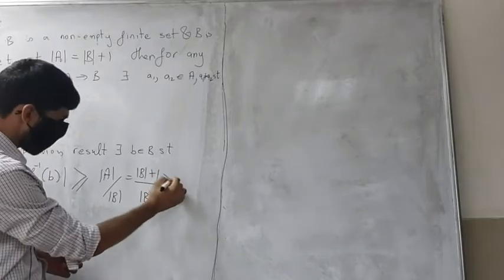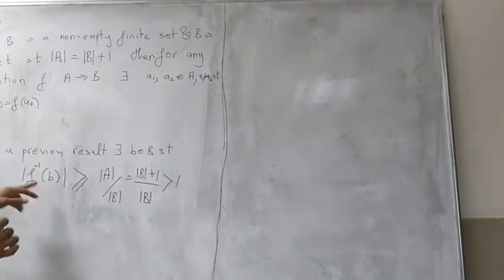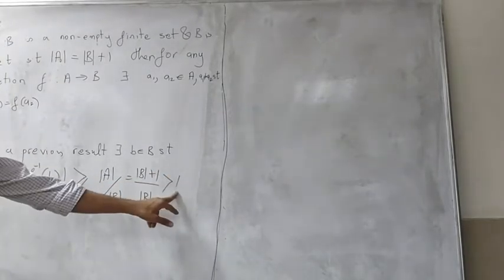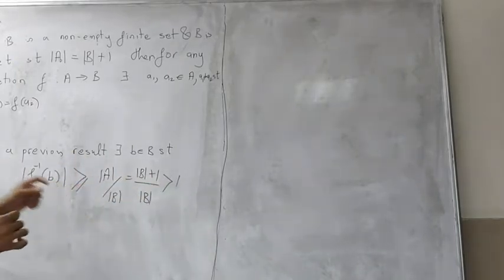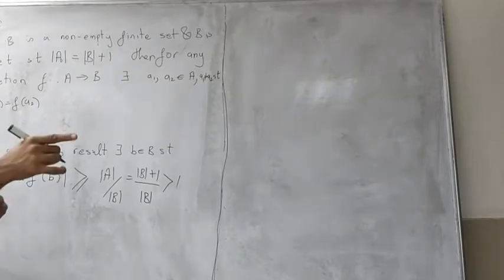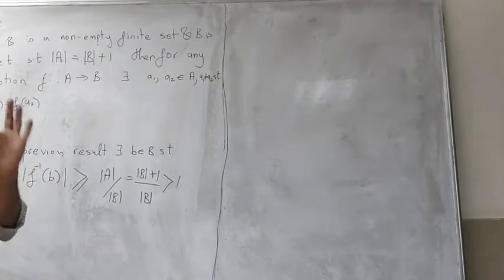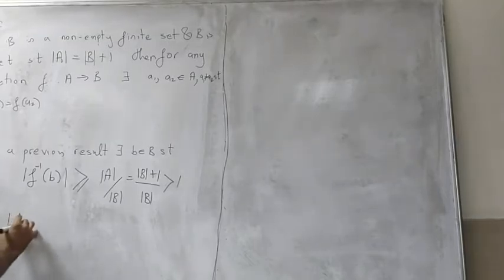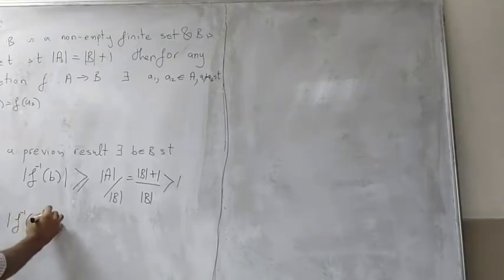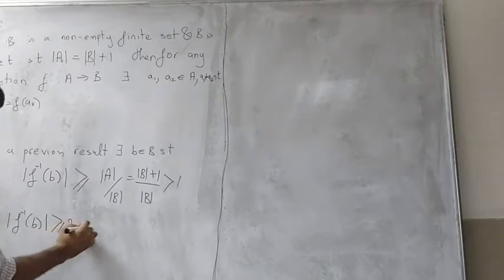That means this has to be greater than 1. But this is an integer strictly greater than 1, so it has to be at least 2. Therefore, the cardinality of f inverse of b is greater than or equal to 2. That's it.